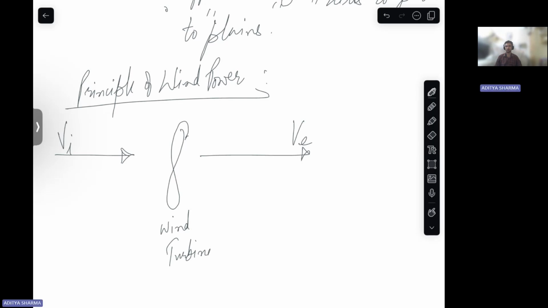So across the wind turbine this wind will lose its velocity, okay, which gives rise to your axial force.